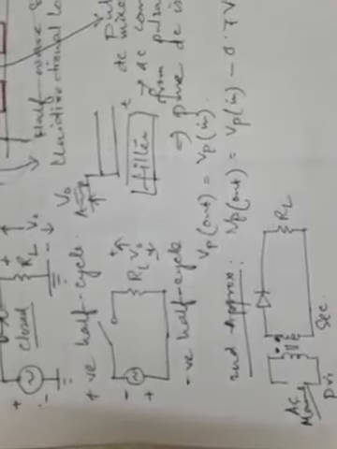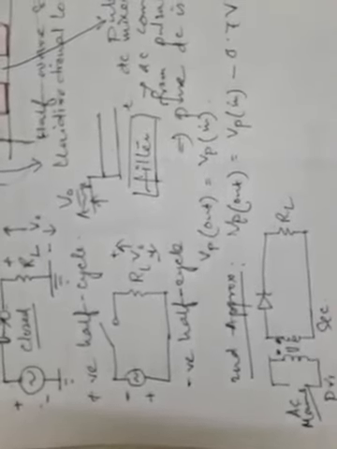Now if we consider that the AC mains voltage at the primary, V, is equal to Vp sine omega t, this is the primary signal.